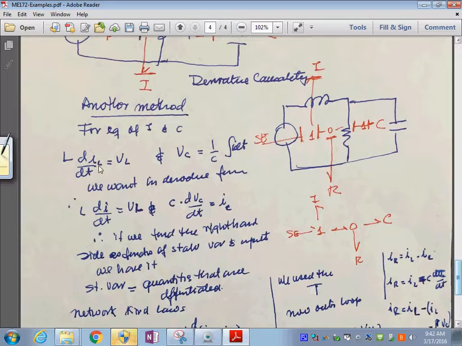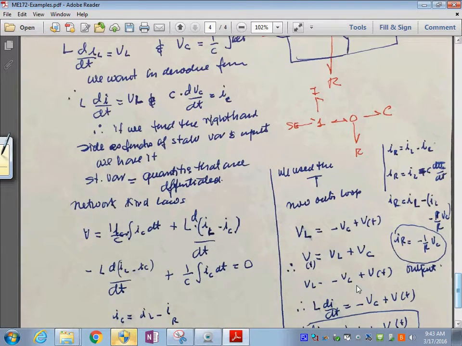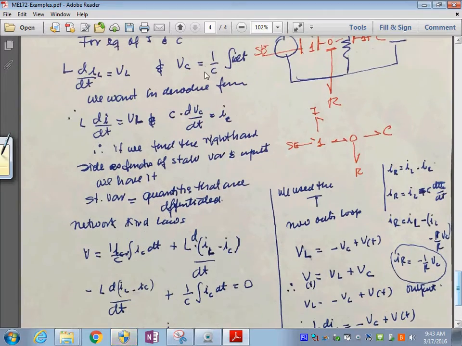You get C times dB_C/dt equals I_C. Notice this: this is the derivative right here, and so is this. So if in some way we find this variable b sub L and I sub C in terms of the inputs and the state variables, we have achieved what we want.